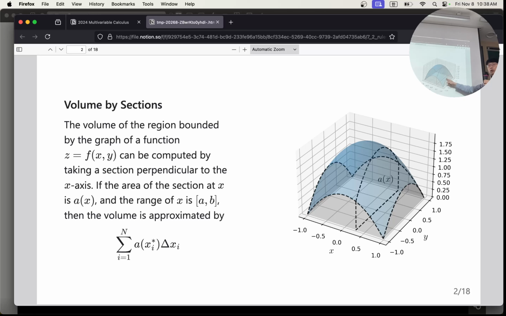There is a section of this volume, and I call the area of this section A(x). So I'm assuming that I'm doing this for every partitioning point of my x range. Let's say we have n partitions of the range of x, then it means that I get n thin slices of this volume. And I know that the area of this slice is A(x).